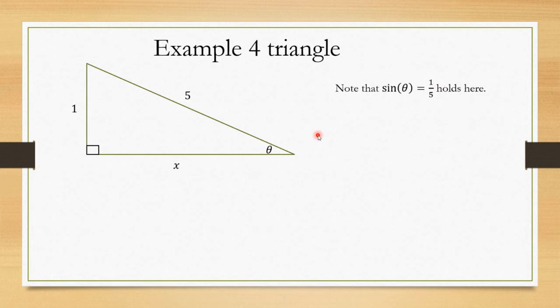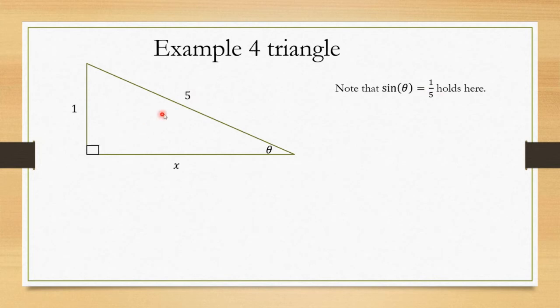Now, do we have that? Well, remember, sine of theta is opposite over hypotenuse. So the side opposite theta, the length of it is 1. The hypotenuse is always the side opposite the 90-degree angle.